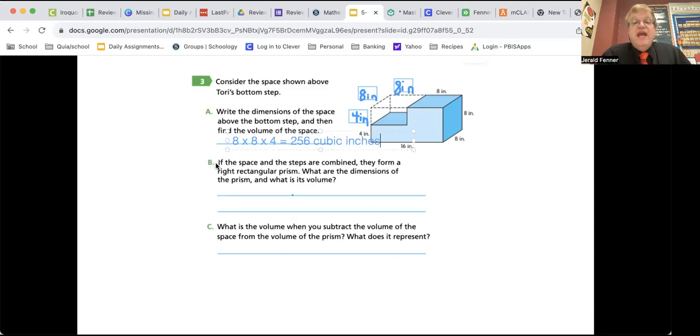If the space and the steps are combined, they form a right rectangular prism. What are the dimensions of the prism, and what is its volume?